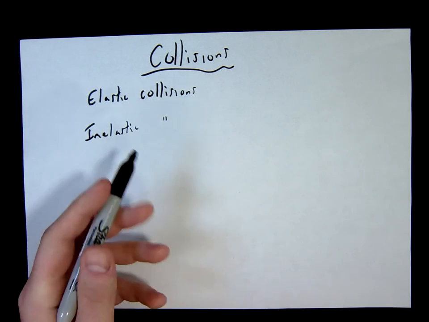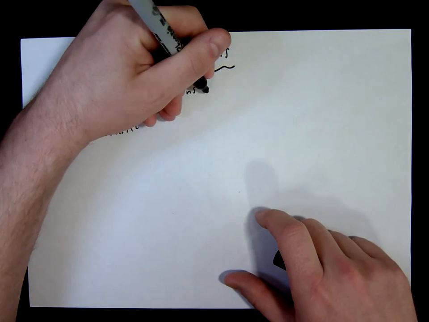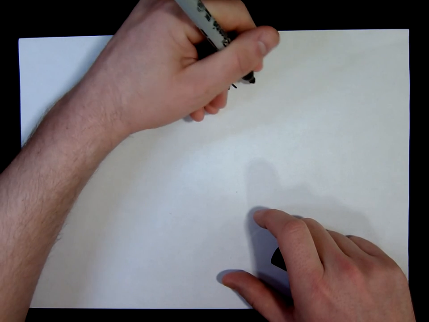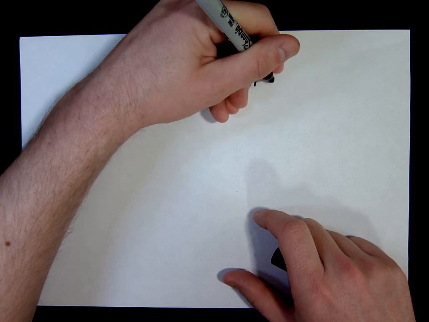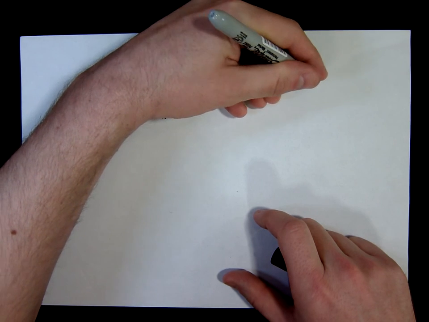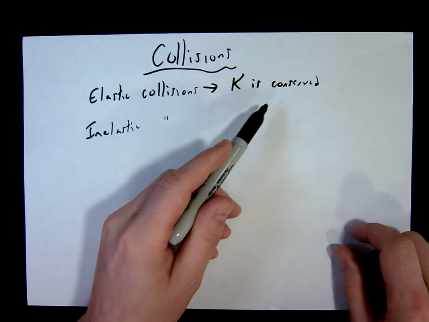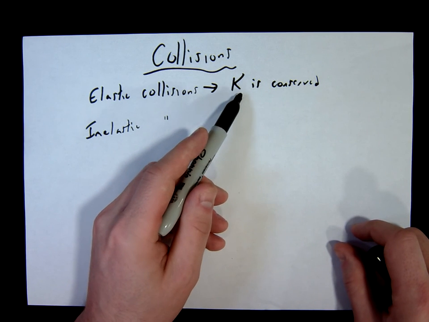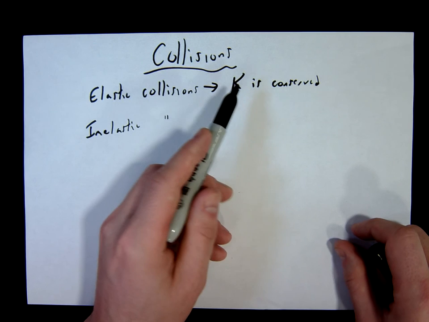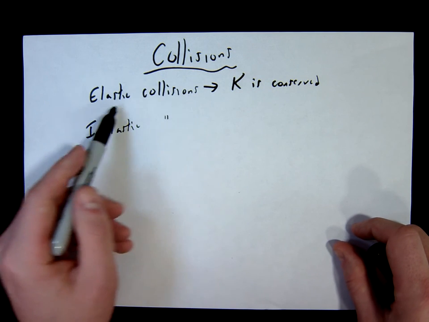What's an elastic collision? Well, sometimes in collisions the kinetic energy is conserved. In other words, whatever the kinetic energy of the objects was before, you add them up, and remember it's a scalar quantity, that should equal the kinetic energy afterwards. This is called an elastic collision.